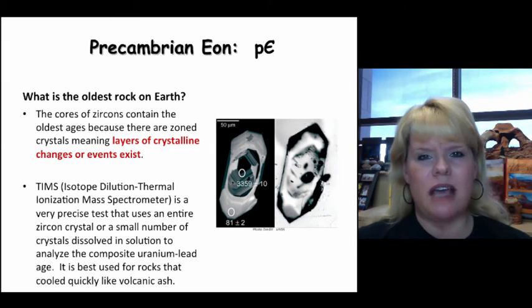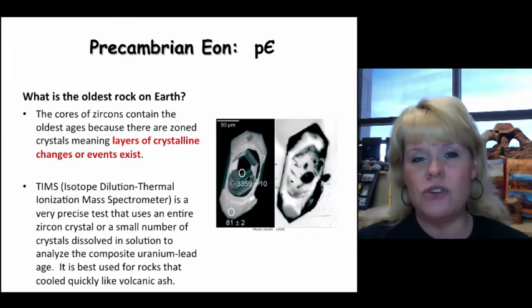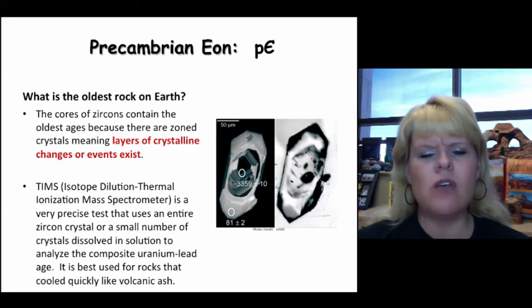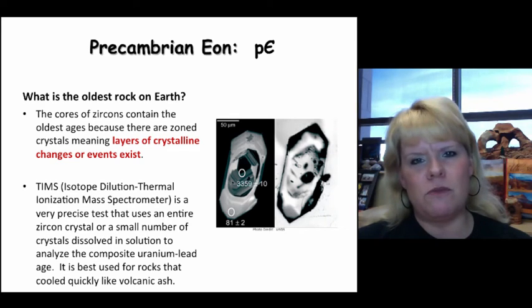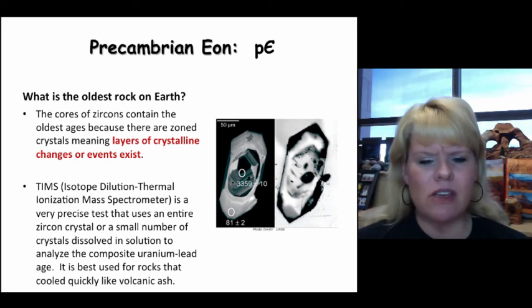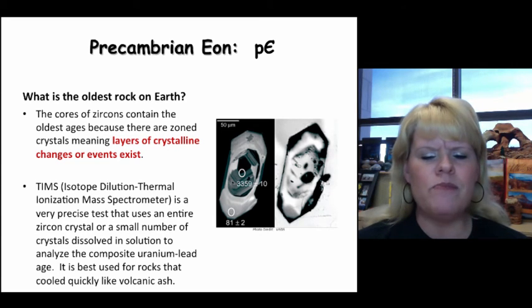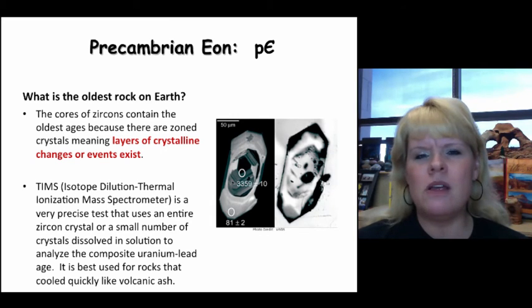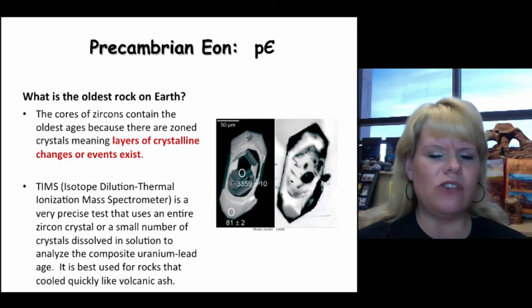So we use a certain type of technology. There's several types actually, but one common one is called TIMS, which is isotope dilution thermal ionization mass spectrometers. And this is a very, very precise testing method that uses an entire zircon crystal or a small number of smaller zircon crystal portions of that particular test sample dissolved in solution to analyze a composite uranium to lead age ratio.